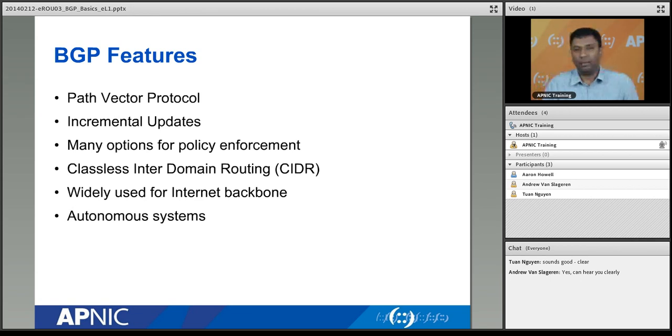So BGP supports incremental updates: when any change happens in a network, only that particular change is propagated, so that BGP can remain converged all the time, unless we have a disaster in the network. All those little changes in our network can be updated incrementally, right?